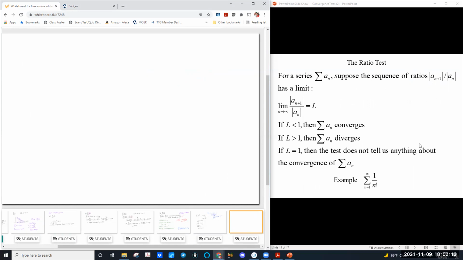It basically uses a comparison to a geometric series, which is why, just like with a geometric series, if the common ratio is less than 1 convergent, greater than 1 divergent, if you do get 1, the ratio test is inconclusive. And what I can say about that is that there's only certain tests that the ratio test works for, but the ones it works for, it works really well.